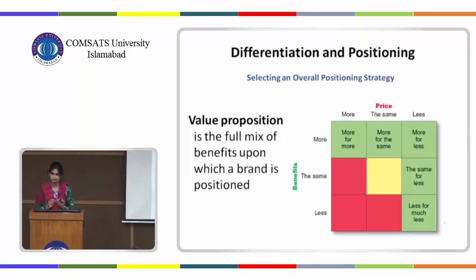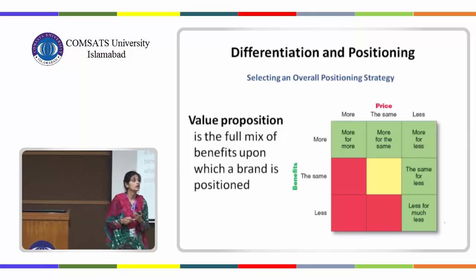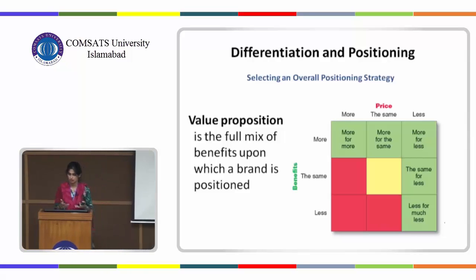The same for less. The same product for less price. So same quality of product, same benefits for less price. So we took the example of Ford here. Ford gives a similar product as compared to Toyota, and it's charging you far less, right? At a much lesser cost.